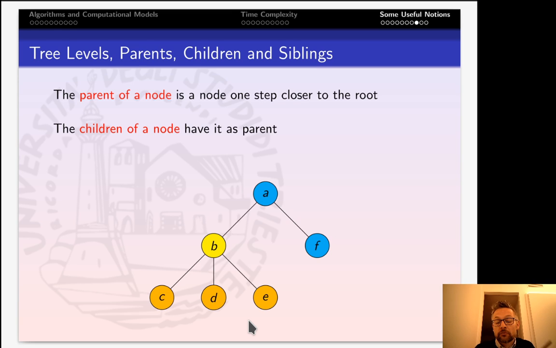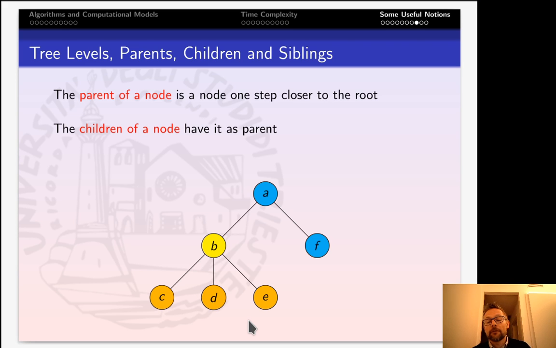So in this case, for instance, we are dealing with B. The only nodes connected to B whose depth, so distance from the root, is the depth of B plus 1 are C, D, and E. Because, of course, the depth of A is 0, while the depth of B is 1. So A, for sure, is not a child of B.